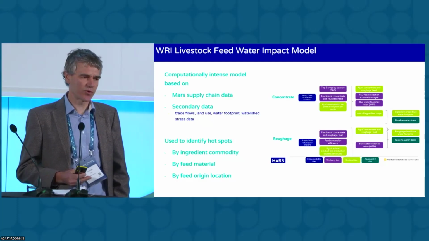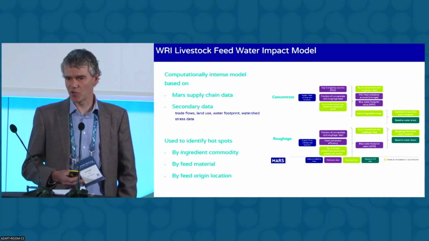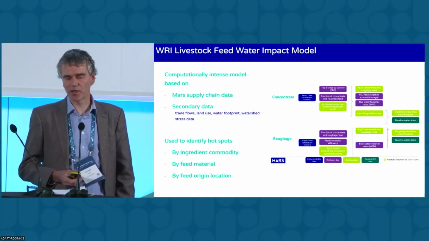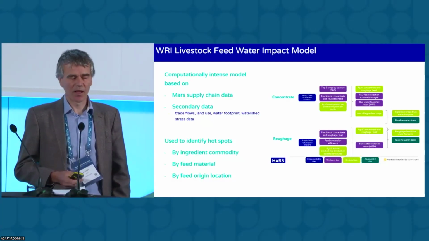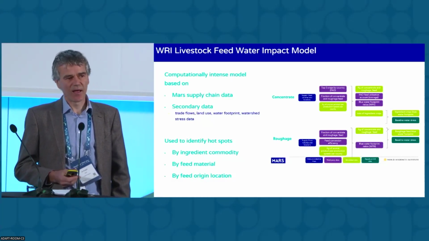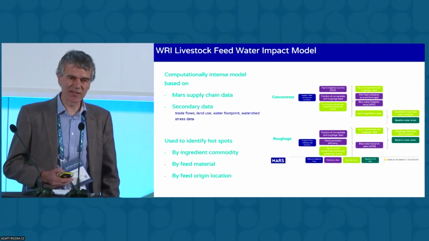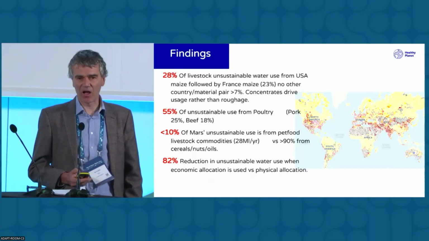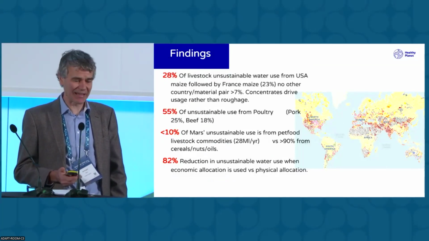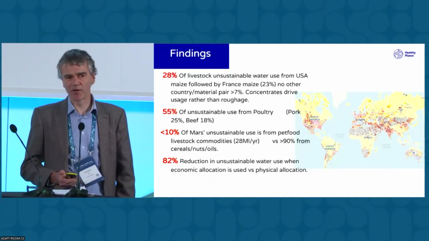So that model is bringing in all sorts of information. So water use for each commodity that we're talking about and each material. It's using land use data. It's using trade data. And what it provides us with is a picture of where our unsustainable water use is, which materials we're likely to be buying, and which are the most impactful.